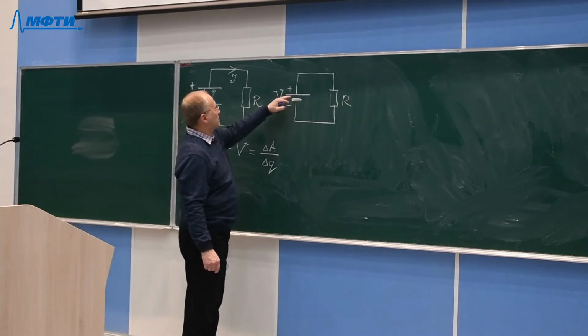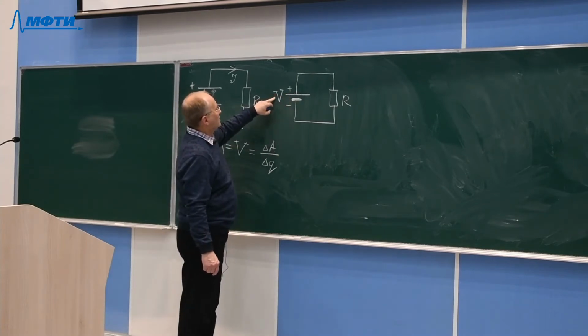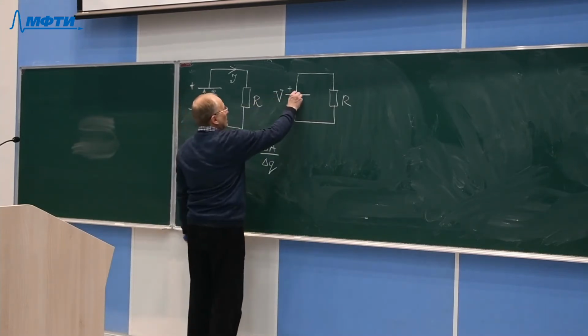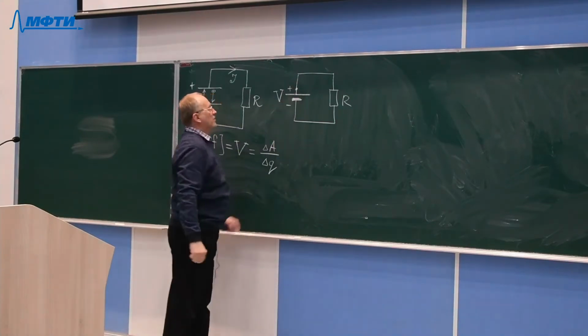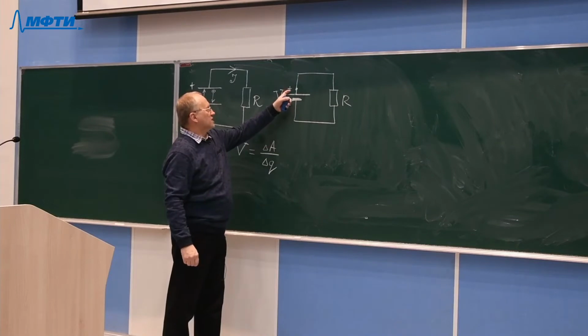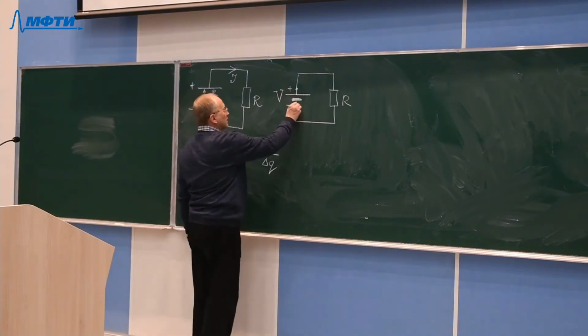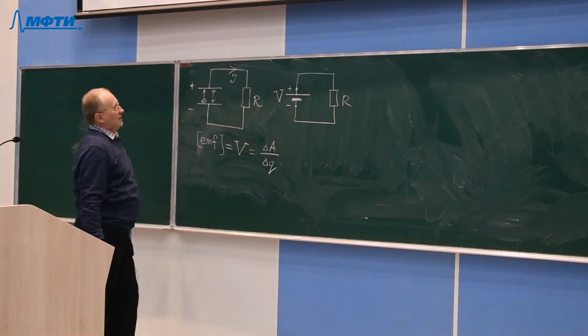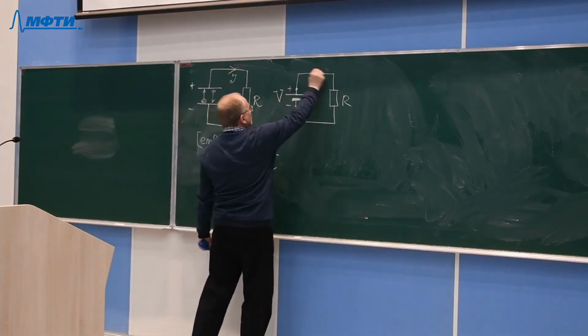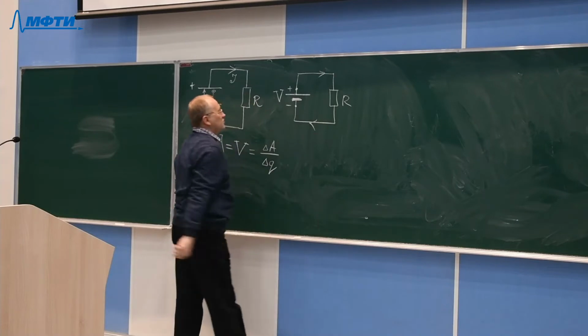It produces some voltage, and it will have one connector which will give you a positive potential, and another connector which will give you a negative potential. And the electric current will always flow from positive to negative, from plus to minus.